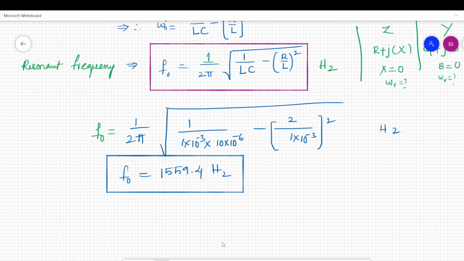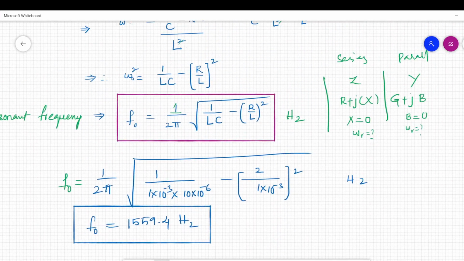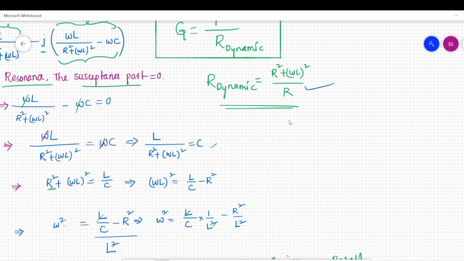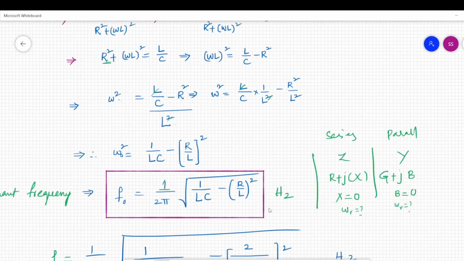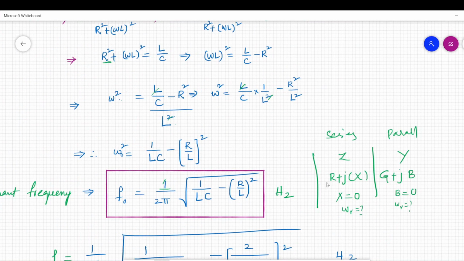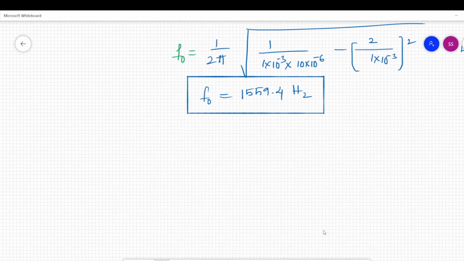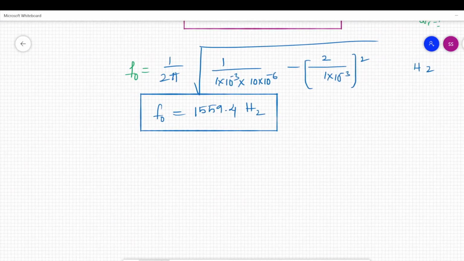Now let us find the dynamic resistance. What is the expression for dynamic resistance? It is R square plus (omega L) whole square, by R, for the given circuit. Dynamic resistance is nothing but the resistance of the circuit at resonance. So we are going to find the second parameter, that is dynamic resistance at resonance.